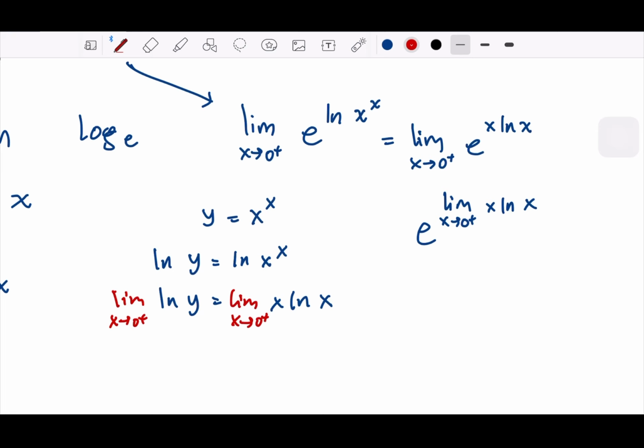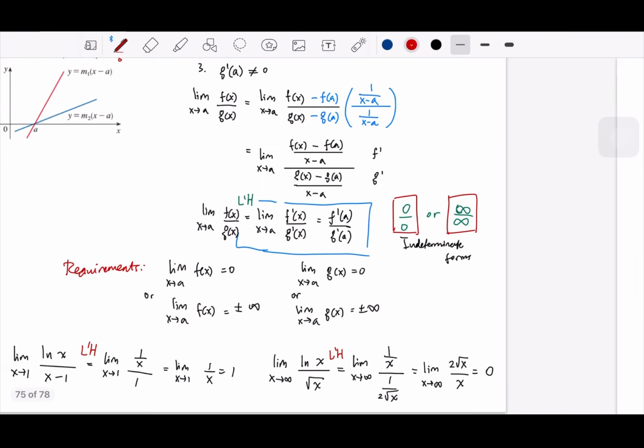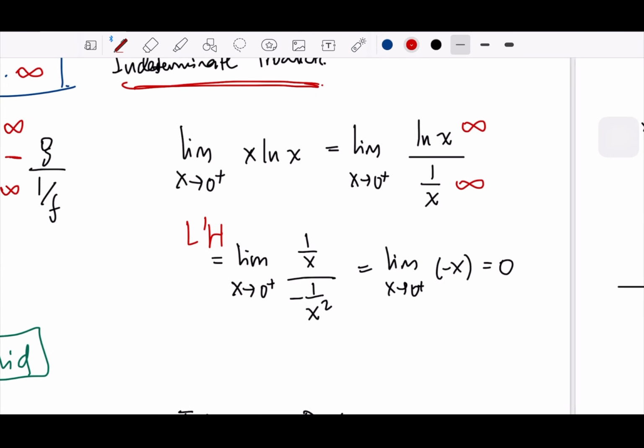So if you finish this, you find some number, but you forget to put the number inside the power. You forgot to include e. So for example, x ln x, we already did this before. It's 0, right? Let me just go through a little bit. Where is it? Here. It's 0.